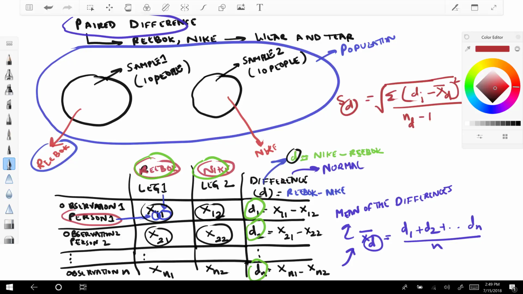This will be similar to the standard deviation we learned previously for one sample, where it was n minus 1. The d represents the paired difference. So that would be our formula for the standard deviation of the difference.